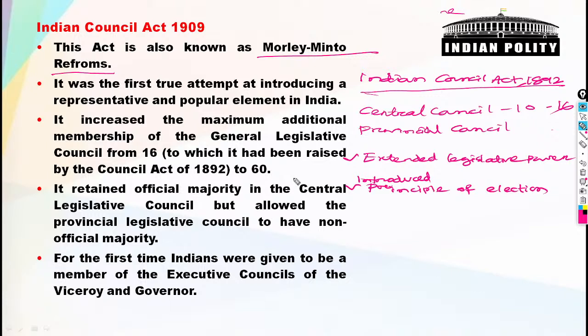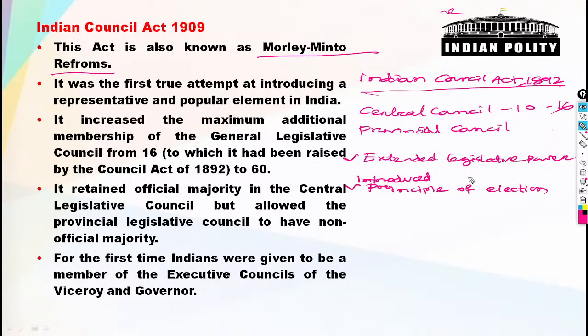Then, it is the first attempt to introduce a representative system and popular element in India because the element of election to fill both the central legislative council as well as the provincial legislative councils was introduced. It increased the additional members of the Governor General's Legislative Council from 16 to 60.